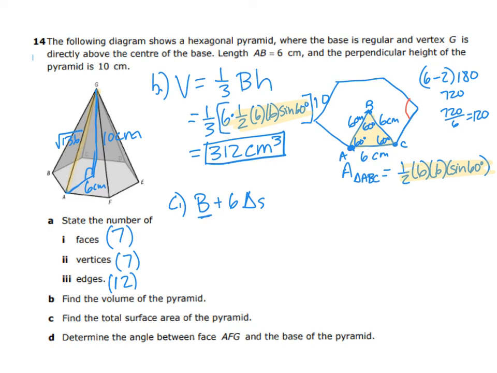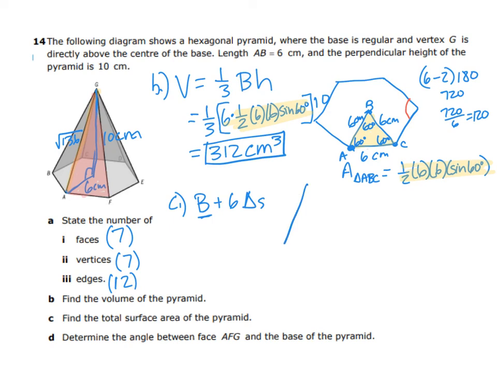Okay, so now, let me draw my triangle. I'm going to highlight what triangle I'm going to draw. Let me shade it. So this triangle, which is one of the lateral faces, you redraw that triangle.